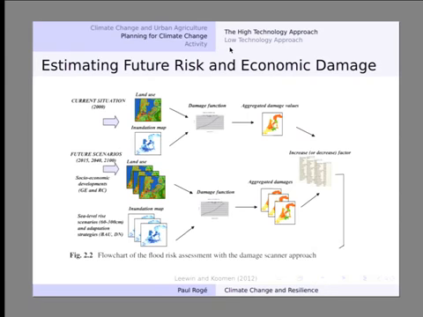It looks at the probability of, in this case, since this reading was about flooding, a flood occurring in any given place, given the projected changes in climate, and then estimating the economic damage that would impact that area if flooding did occur.